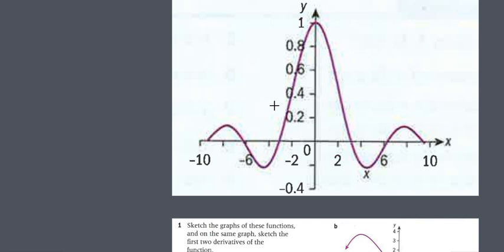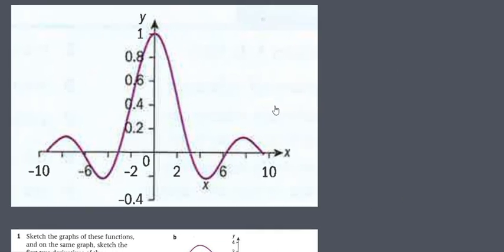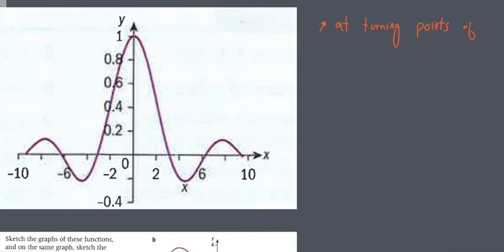Come up to this question. So at the turning points, let me write the condition first. At turning points of the function f, I think it's better to write it in a different way: turning points of f are zeros of f prime.